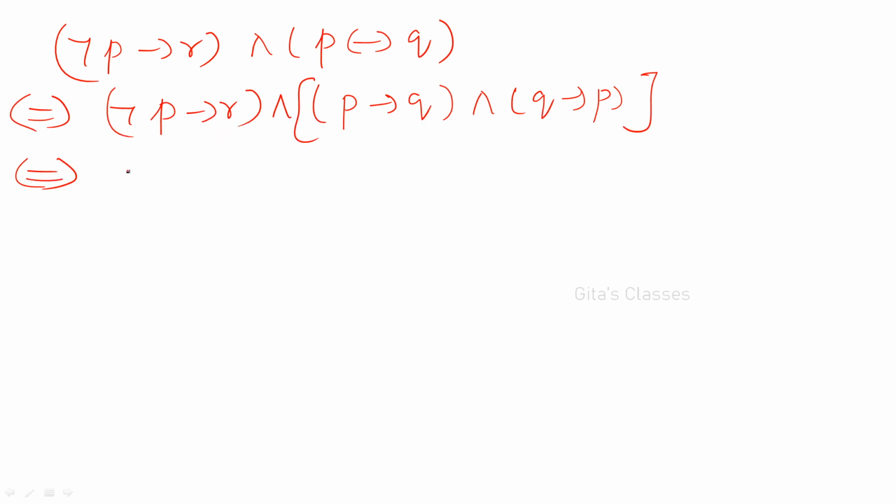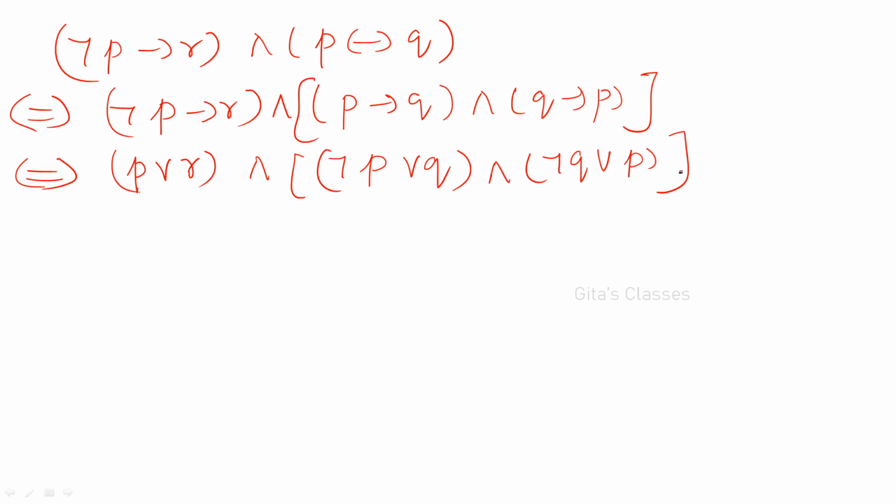Now, not P conditional R means what? P or R. And now, P conditional Q means not P or Q. And Q conditional P means not Q or P. So I am going to remove the ANDs between them.